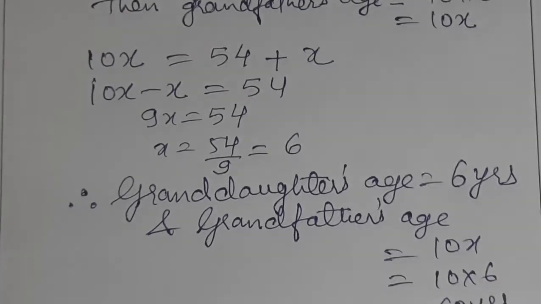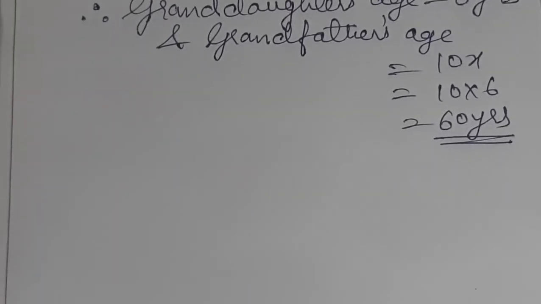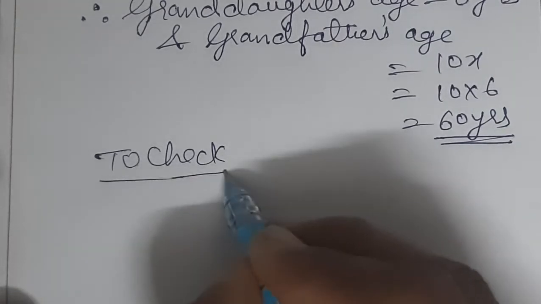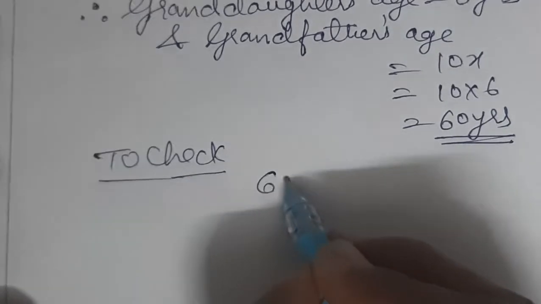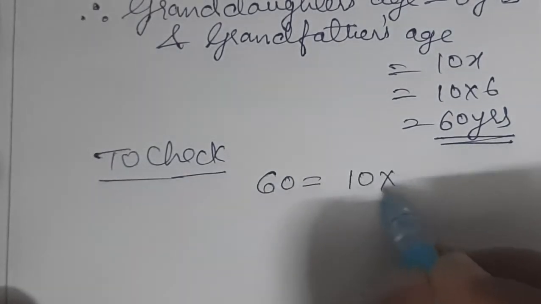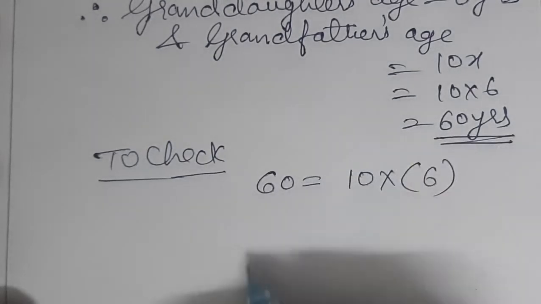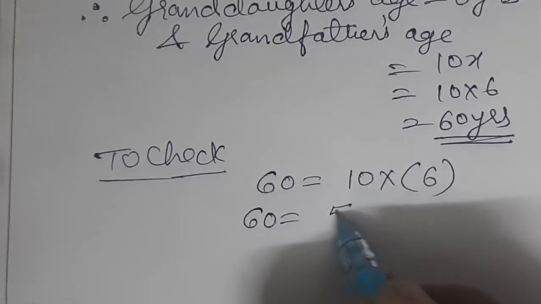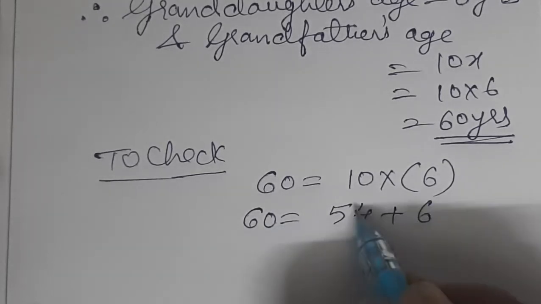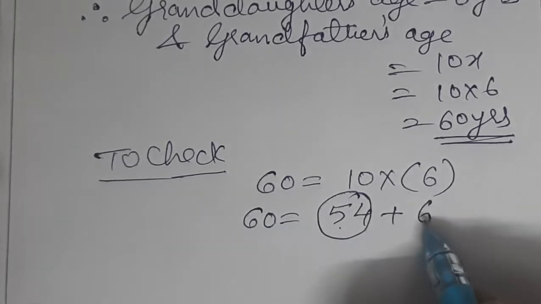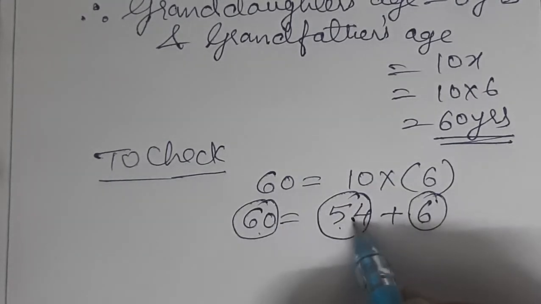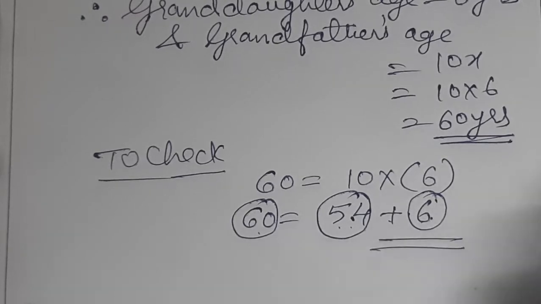And we can check also, let's check this question. A grandfather is 10 times older. So 60 is 10 times. 10 into granddaughter's 6 years, so 10 6s are 60. First condition met. Now grandfather is also 54 years older than granddaughter. Granddaughter is 6 years, grandfather is 60. So 60 equals 54 years older than granddaughter. So both the conditions we have checked also.